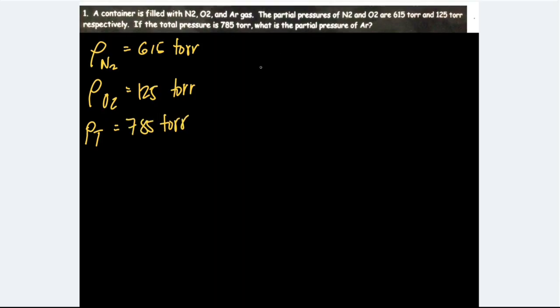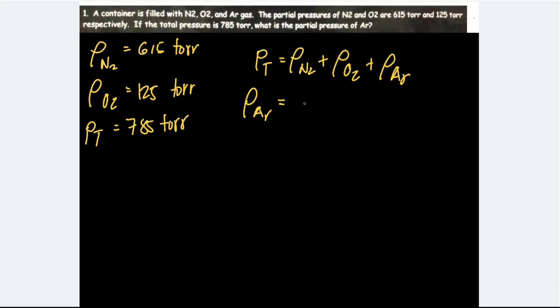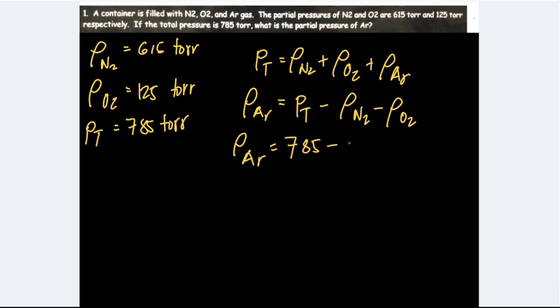So total pressure, you just add up all of the partial pressures: nitrogen, oxygen, argon. So the partial pressure of argon is equal to the total pressure minus the pressure of nitrogen minus the partial pressure of oxygen. So this is 785 minus 615 minus 125.